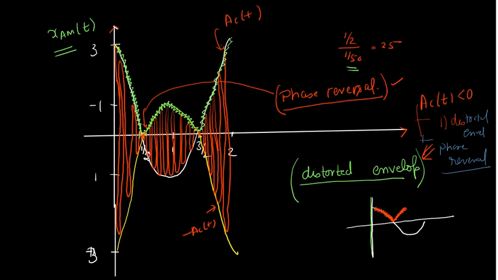It was not necessarily required to modulate our signal so much. We could have set our value of A_c or some other parameters so that A_c(t) was positive, but we have overmodulated our signal. So this is called overmodulation, and it gives rise to two undesirable phenomena: first is the distorted envelope and second is the phase reversal.